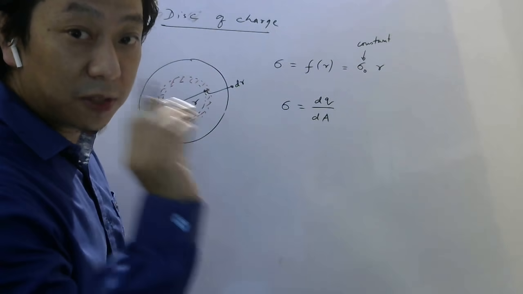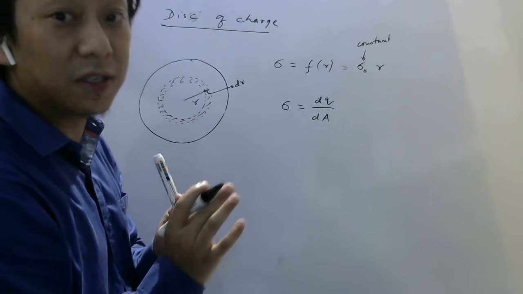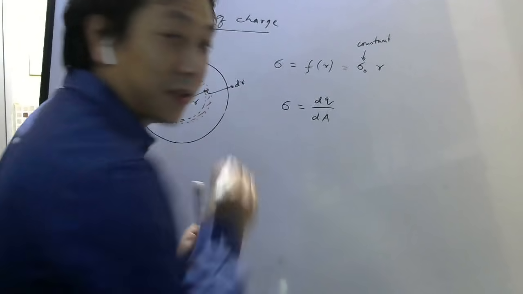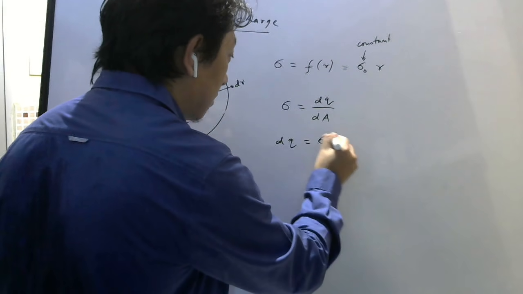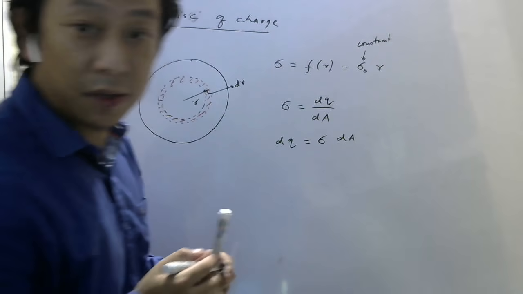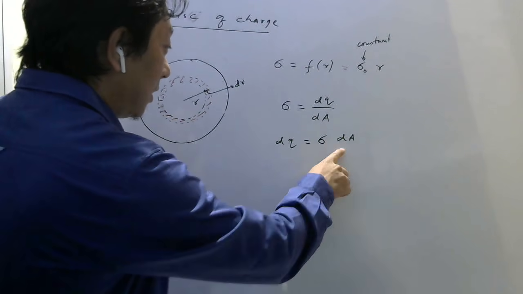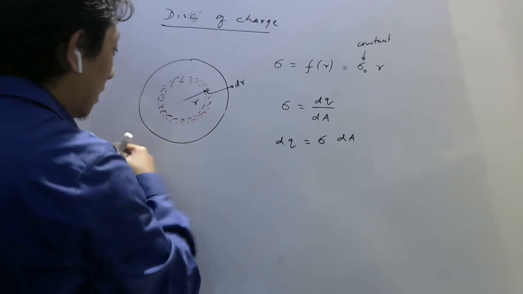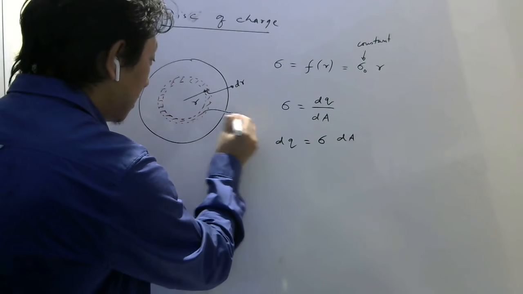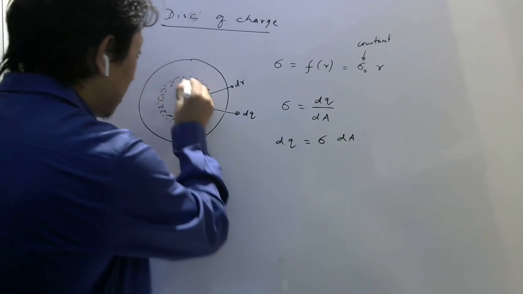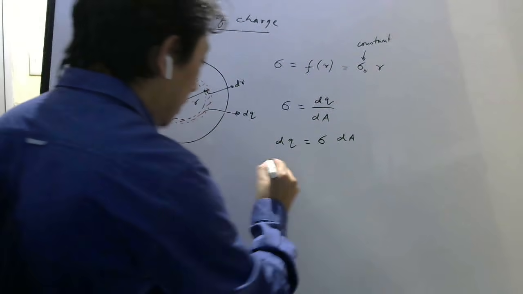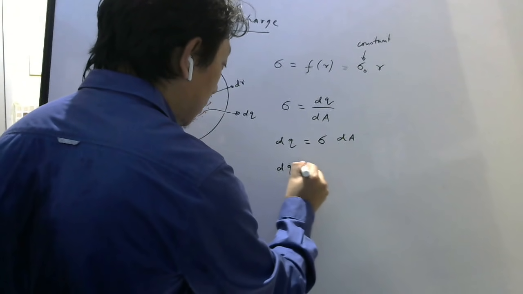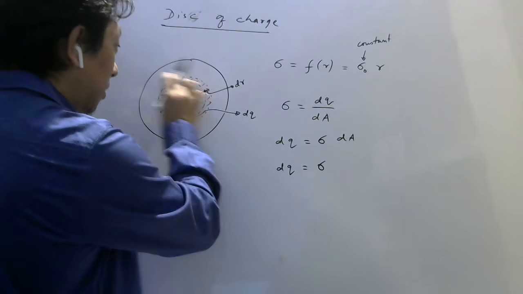Charge on some small area of the disk, and that dA represents that area. If you cross multiply, what will be dq? Sigma into dA. Understood? So dA here means this small area, and dq represents the charge in this small ring. Okay, so let us find the area of this small ring.